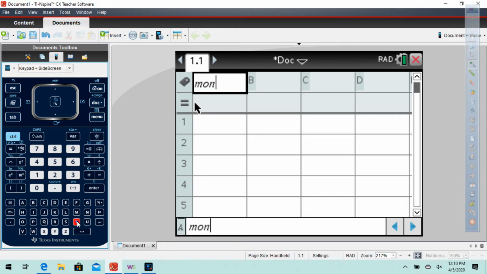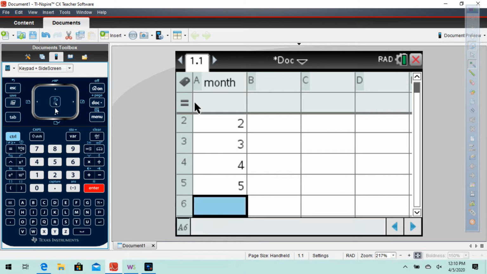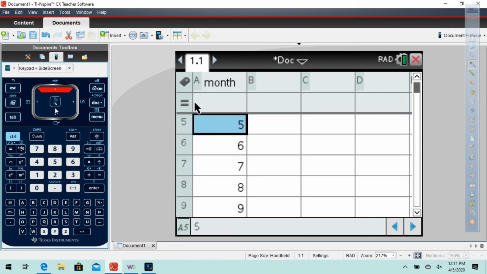And then we'll go down and it's 1, 2, and so on, until we get to 12 months. And then in column B, I'm going to put temp, T-E-M-P, for temperature.